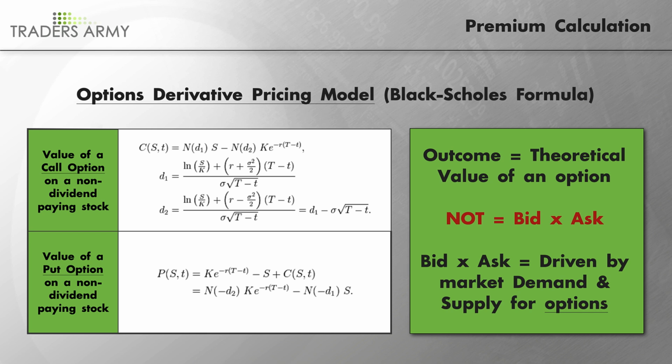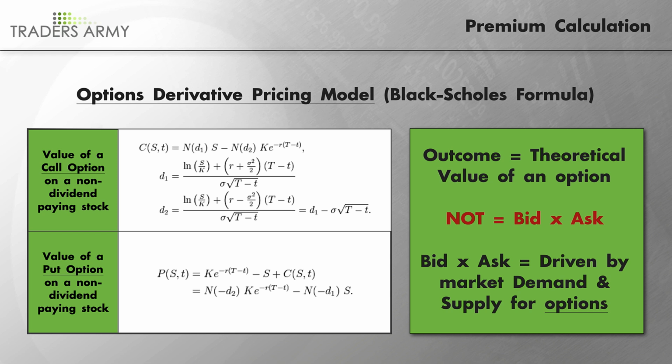And this calculation actually runs through several different levels of calculations, building out what is known as the theoretical value of an option, based on where the stock price is now relative to the strike price of the option, based on how much time is left until the option expires, current risk-free interest rates, and how much volatility the underlying stock has already experienced, typically over the last 30 days.